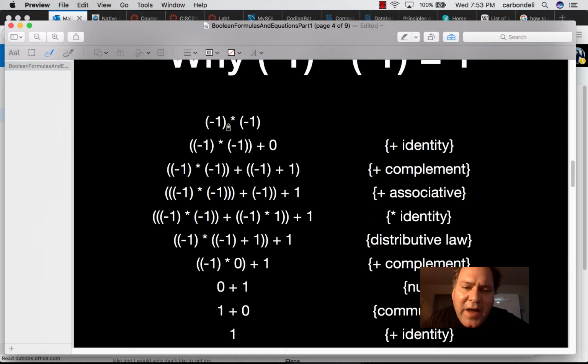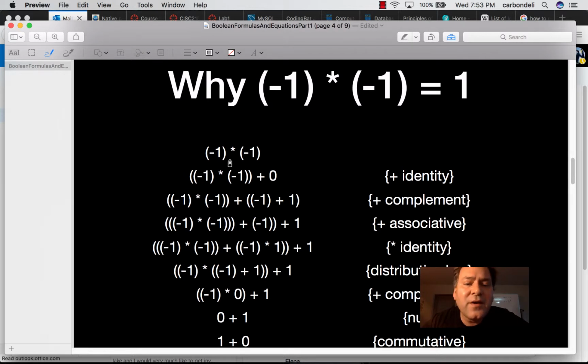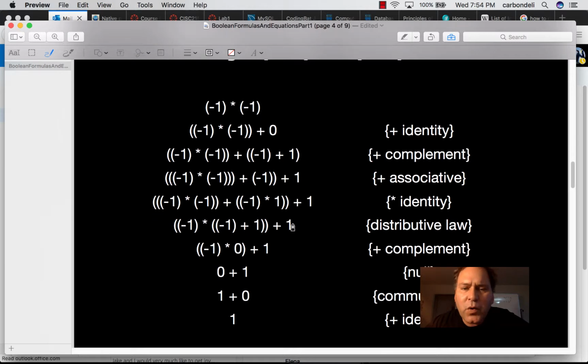What we've done is we've taken this initial expression, negative 1 times negative 1, and we've added 0 to it, which the sum identity axiom says we can do. So we're using the axioms as the basis for the transformations that we're making. And overall, what we want to do is somehow convert negative 1 times negative 1 to 1 without having to make any assumptions other than the axioms, which really, in a way, are assumptions.